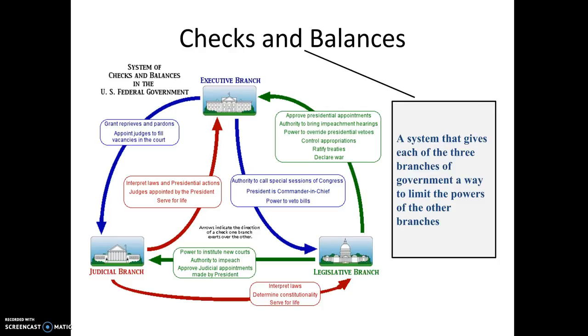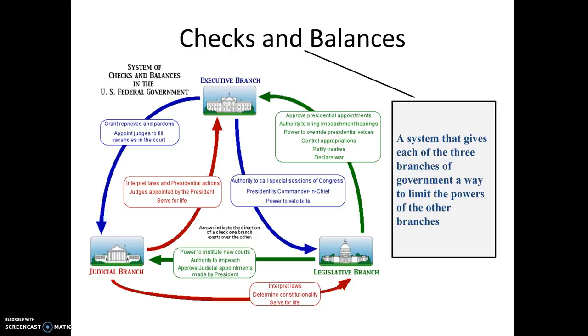And this is a really important feature of our government because it ensures that parts of the government will serve as referees for other parts of the government and limit the opportunity for other branches to overstep their bounds and do things that the people might not want them to do. So checks and balances are really important in how we control our government.